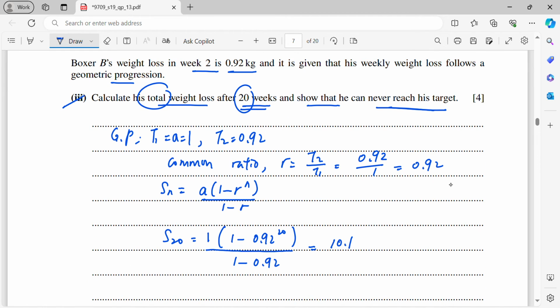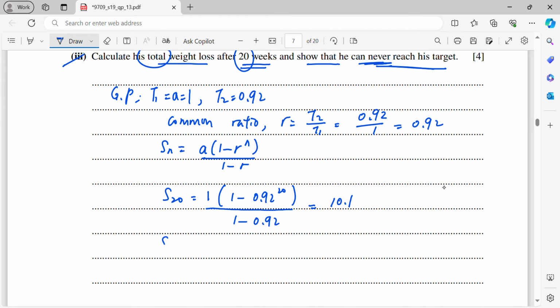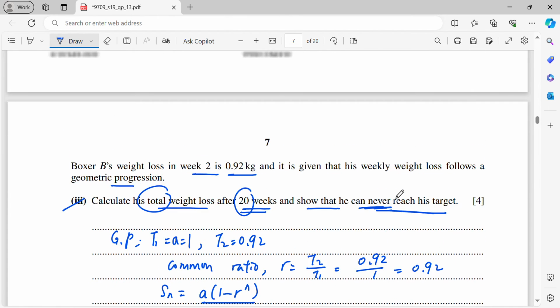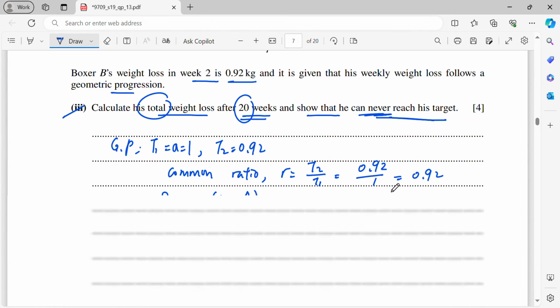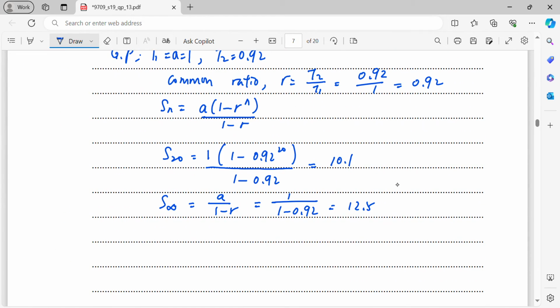Okay, now show that he can never reach his target. So that is S infinity, the sum to infinity, that is a over 1 minus R. I will get 1 over 1 minus 0.92. That is going to be 12.5. It means that he can only reach 12.5 kilograms. But what is his target? Go back to the question. His target is 13 kilograms. Right. So from here, you just write here, target equals 13.